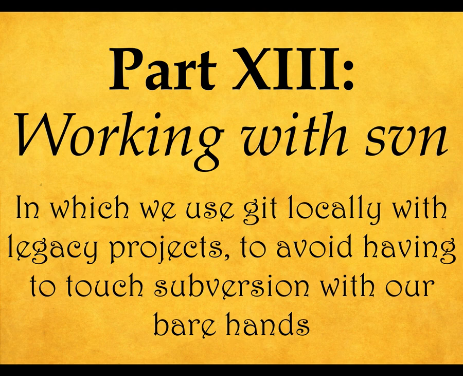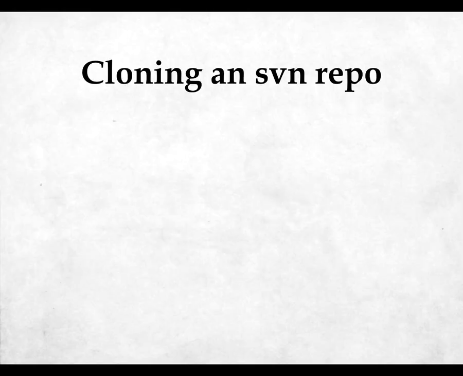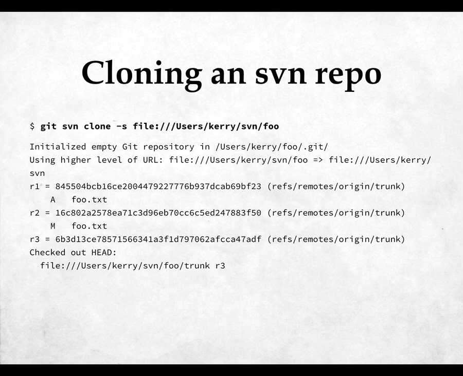It allows you to do all the Git stuff we've just been playing with locally, and then when you're happy you can just push the changes and they'll go in as if they were Subversion commits, presumably if you've got them in a fairly linear fashion. To clone a Subversion repository into Git, it took me ages to get this set up. I couldn't remember for the life of me how to create a Subversion repository, but you do git svn clone instead of git clone.